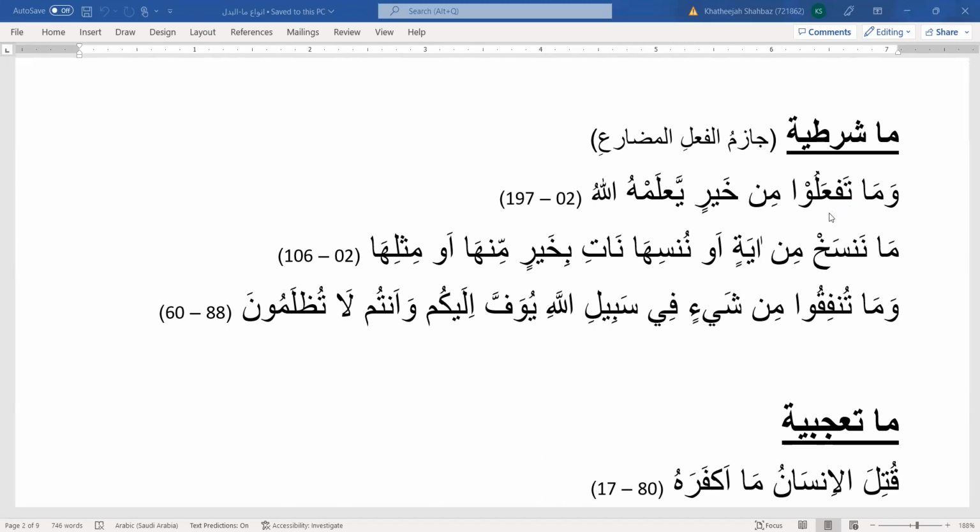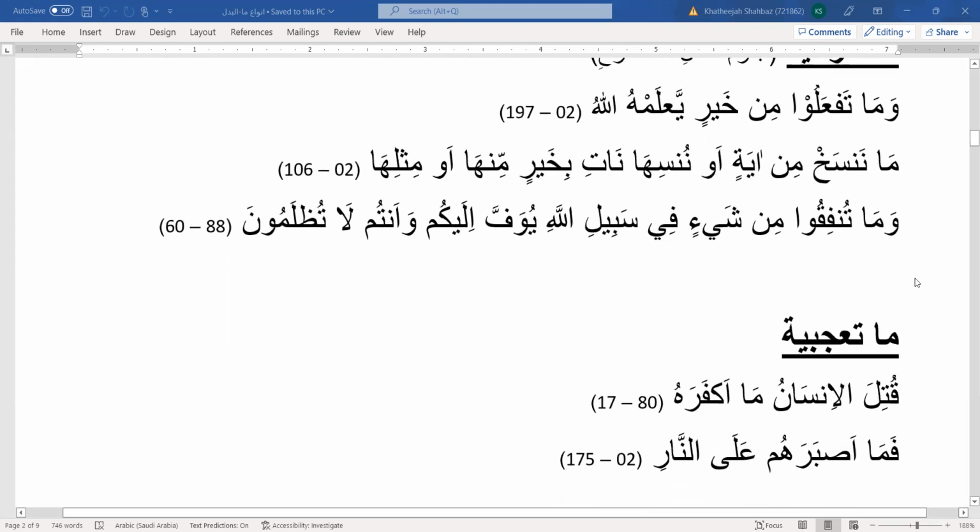But there could be an example where fi'l madi is used. So we can also use fi'l madi. Okay. Then it will be no change to it.